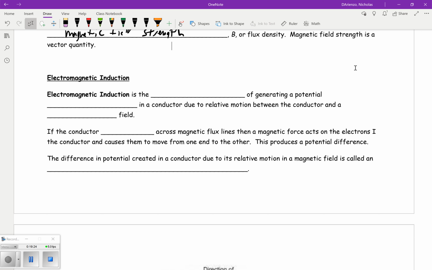So electromagnetic induction is the process of generating a potential difference in a conductor due to relative motion between the conductor and a magnetic field.